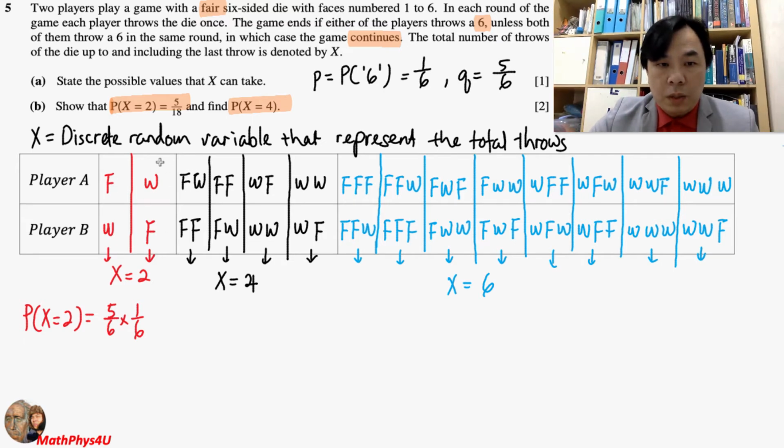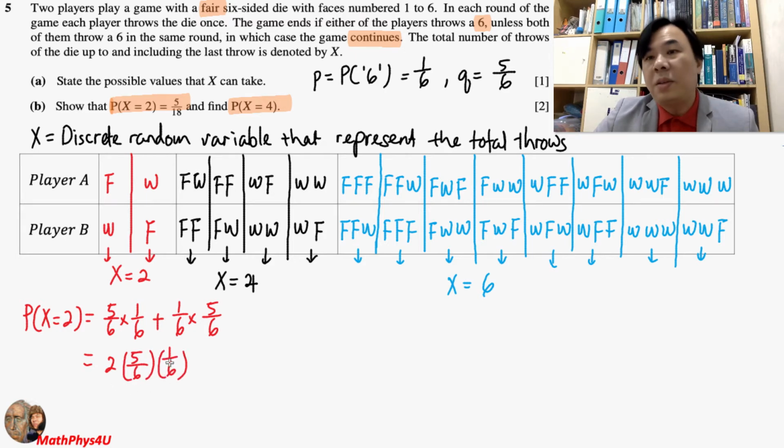Or it could be the second possibility here. That will be a win, and then not getting a 6. Now you will notice that both of these are the same numbers actually. So it's the same as 2 times 5/6 times 1/6. You can leave it as it is at this point, of course, but we need to prove that it is equal to 5/18.